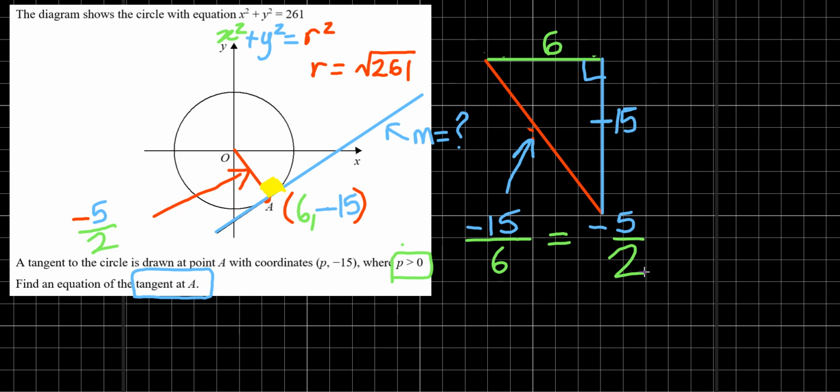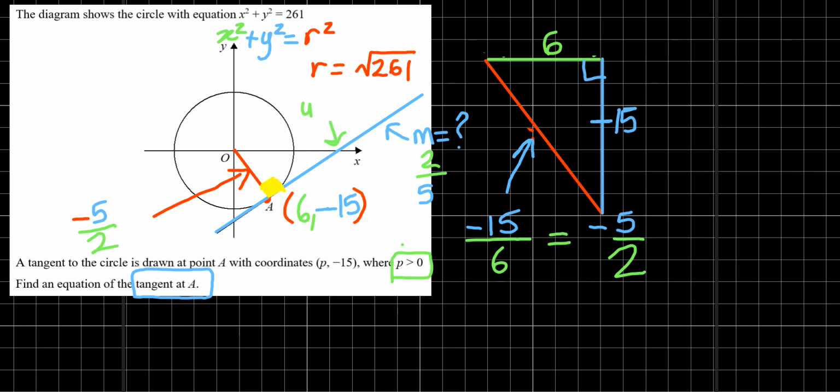So now we look at the gradient of the tangent. It is going to be positive and the negative reciprocal of minus 5 over 2, so the gradient of this line is 2 over 5. Then the question is asking for the equation of this line.